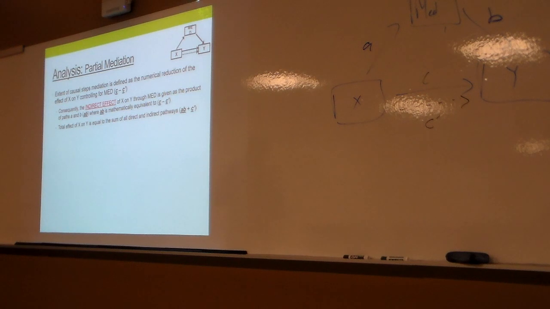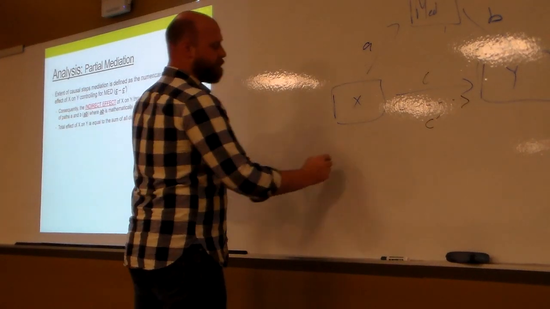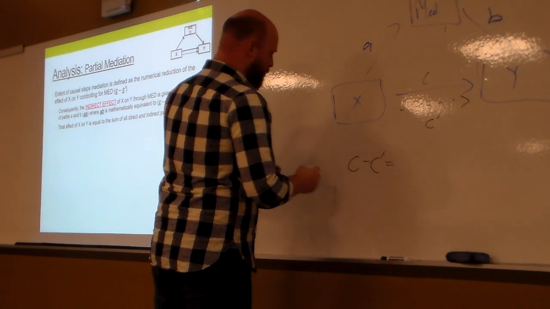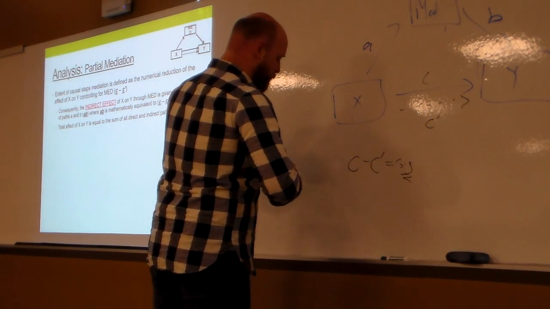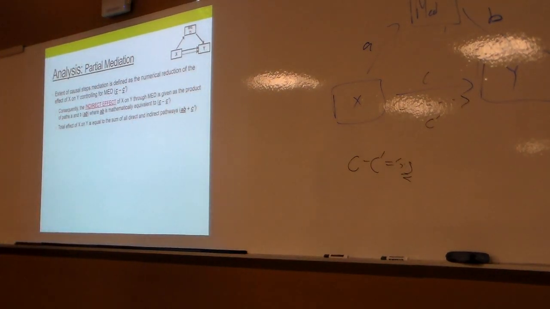The difference between C and C prime has to be a significant change in order to claim partial mediation. So I need to say that C minus C prime is some significant value, and if it is, then I say I've got partial mediation.